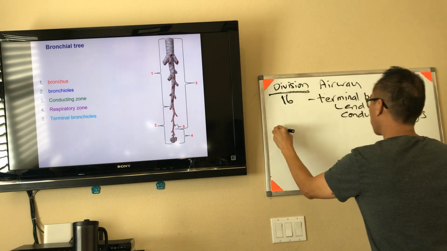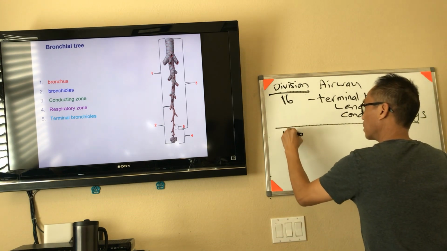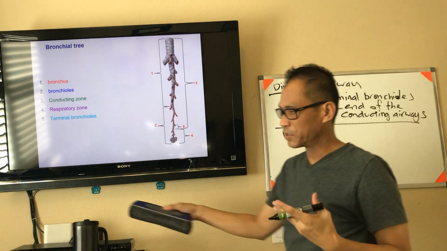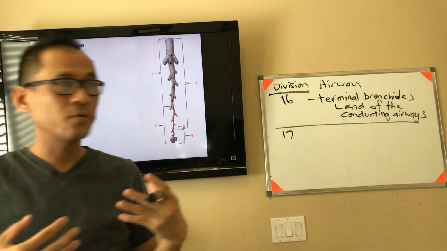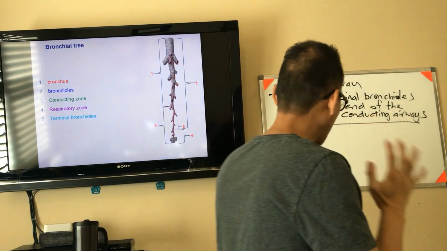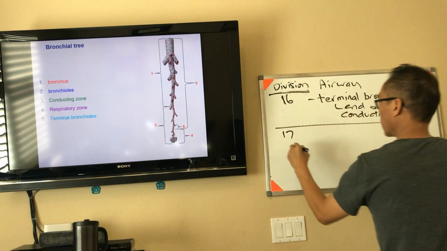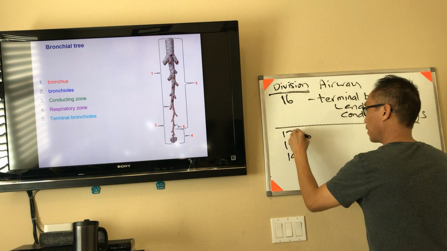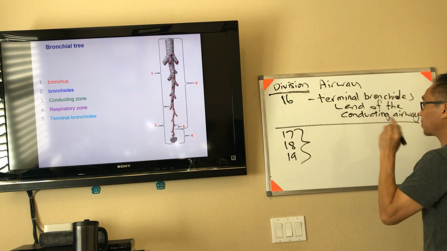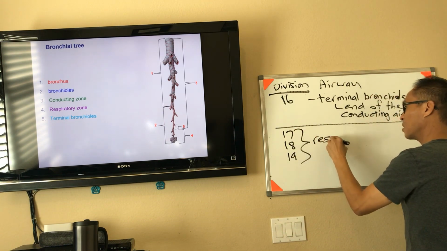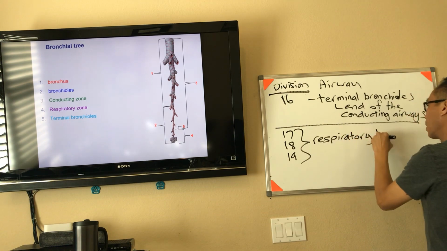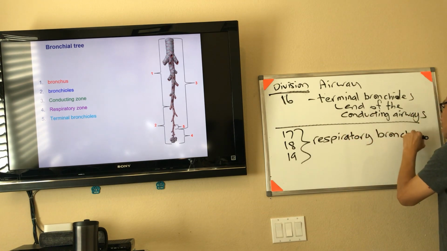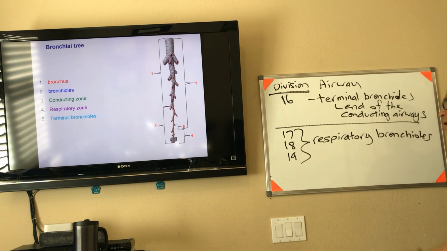And then starting from 17, the next 3 divisions, like 17, 18, and 19, we'll call those the beginning of the respiratory zone. And these 3 divisions are called respiratory bronchioles. Okay, so 16, terminal bronchioles, end of the conducting airways.